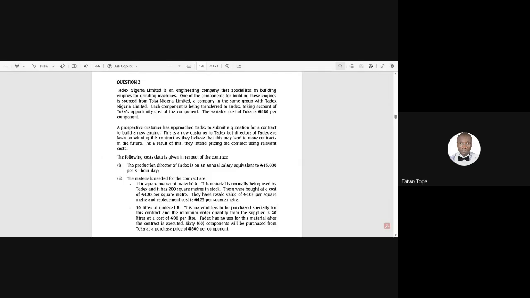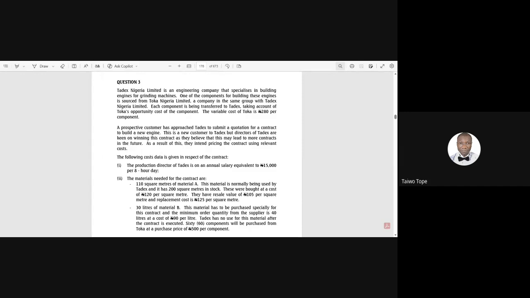And the people selling it will not sell below certain amounts. They will tell you this thing is packed in 40 liters, and we can't give you less than 40. So the minimum we can give is 40.